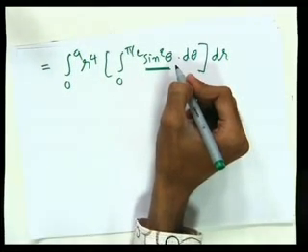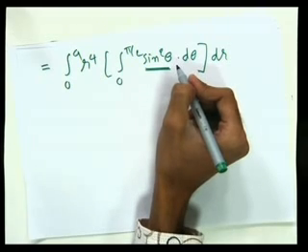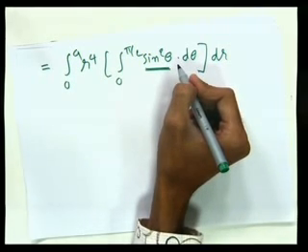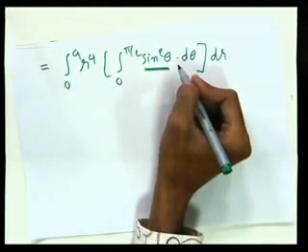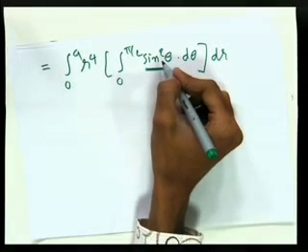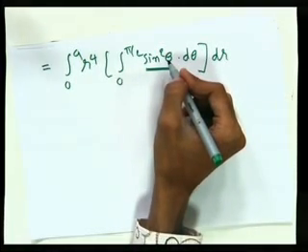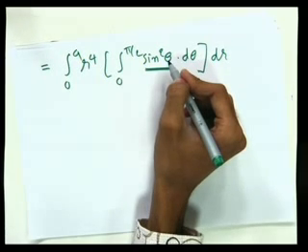We know that sine square theta is equal to 1 minus cos 2 theta divided by 2. So we will put here, instead of sine square theta, 1 minus cos 2 theta divided by 2.